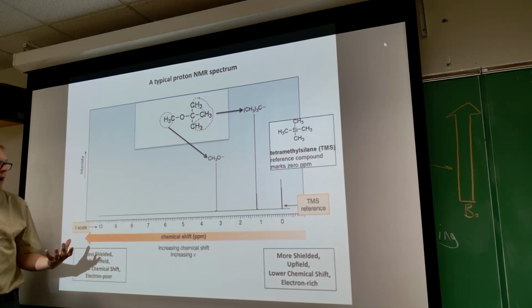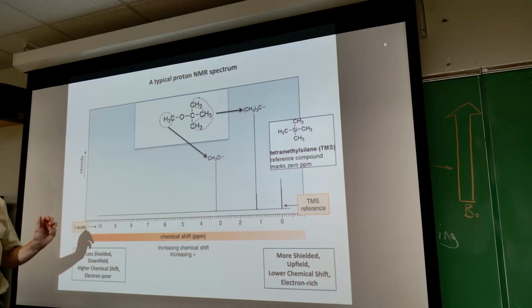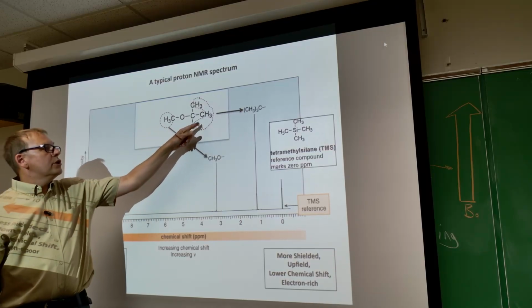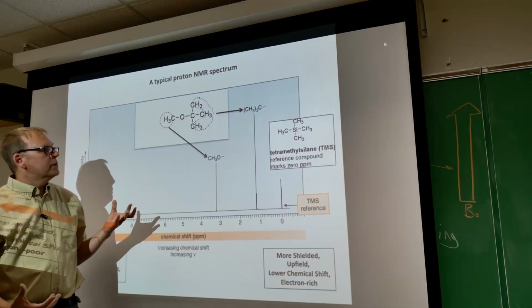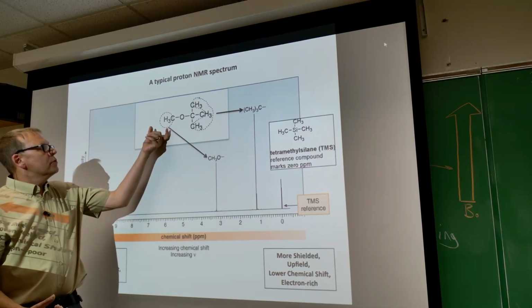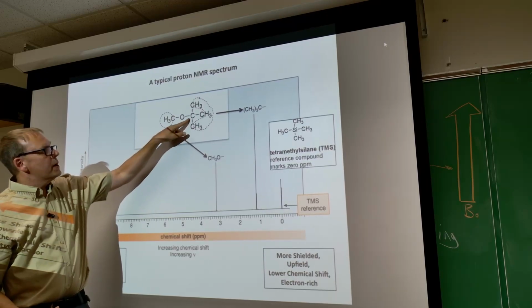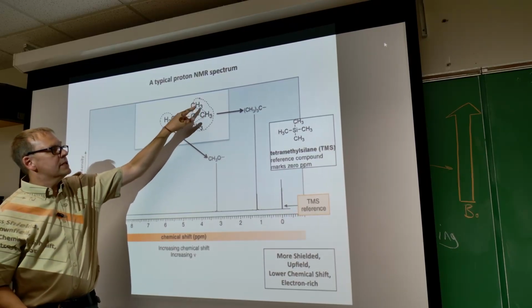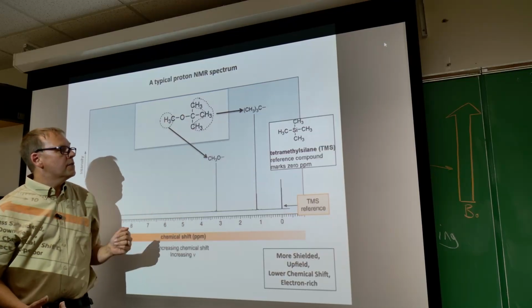So this is an example of a spectrum of a molecule called methyl tertiary butyl ether. We've talked about this one before, just briefly. It's got a methyl group attached to an oxygen, and then there's a tert-butyl group. So the tert-butyl group has a carbon that has 3 carbons attached to it. Each of those carbons is a methyl group, so it's 3 methyl groups attached there.